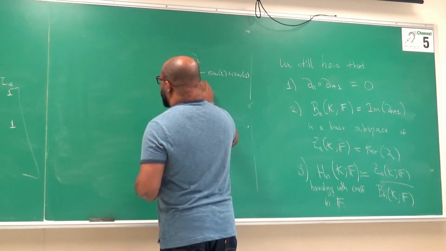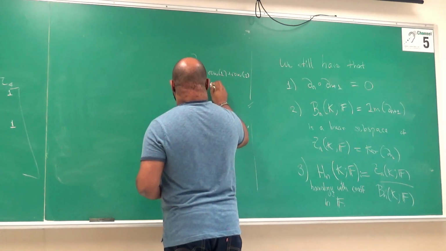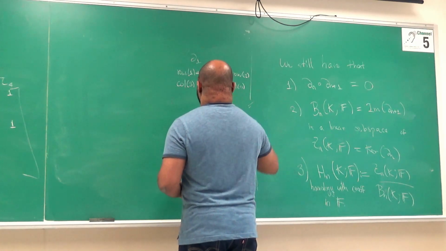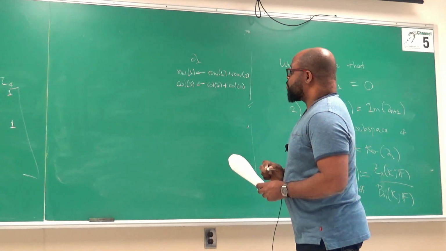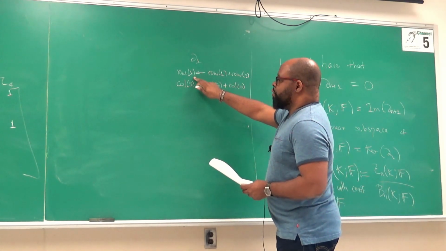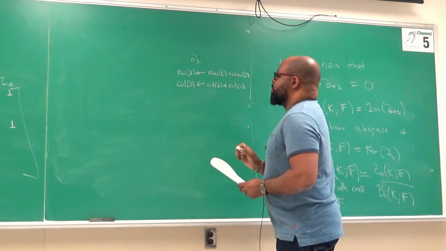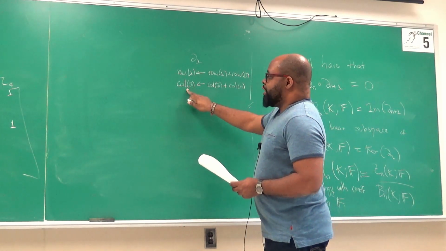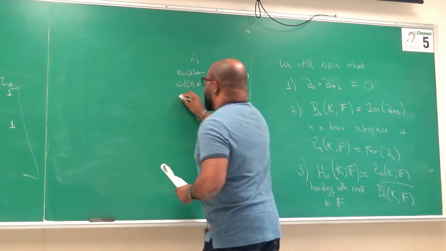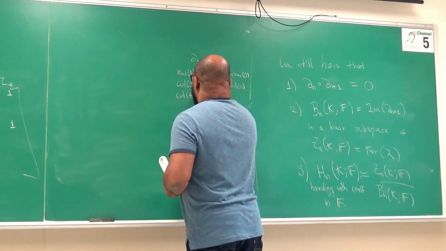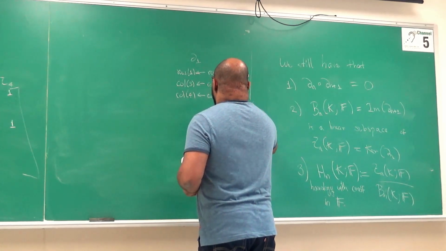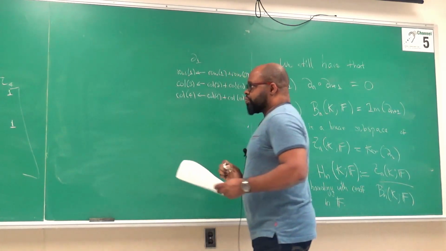So column 3 is going to be column 3 plus column 0, and column 4 is going to be column 4 plus column 0. Okay?